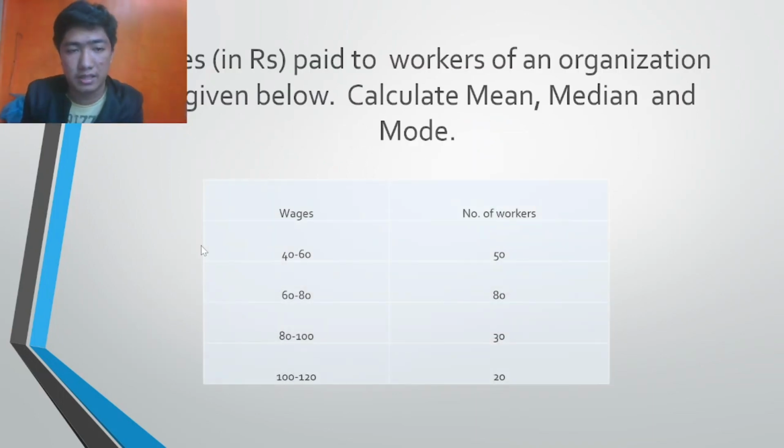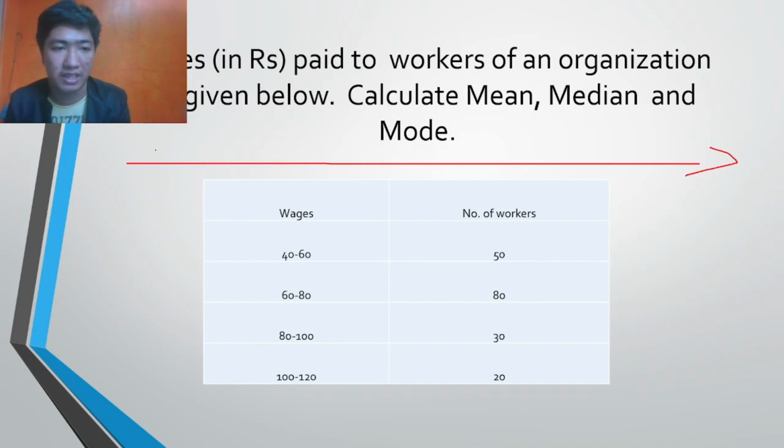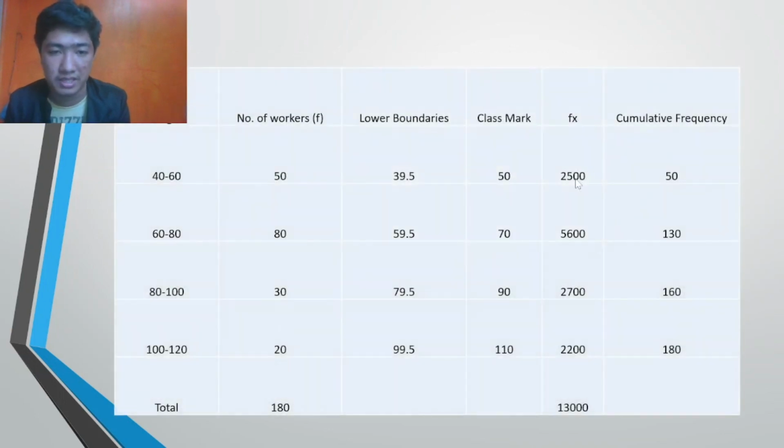For our last problem right here: wages in hours paid to workers of an organization are given below. Calculate mean, median, and mode. So in this problem, we're going to solve every one of the central tendencies. With this table given right here, we complete the distribution of frequency, which sums to this.